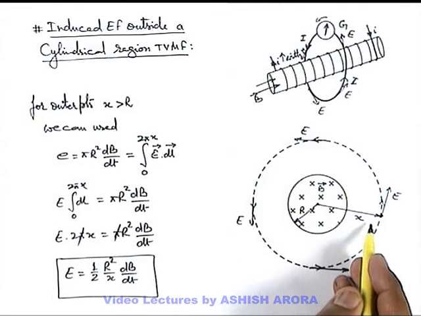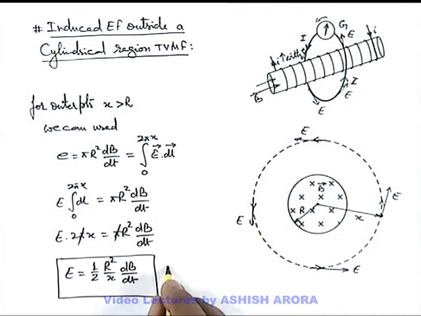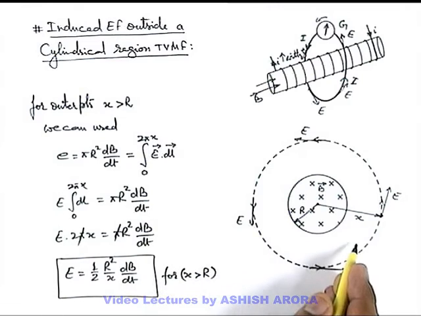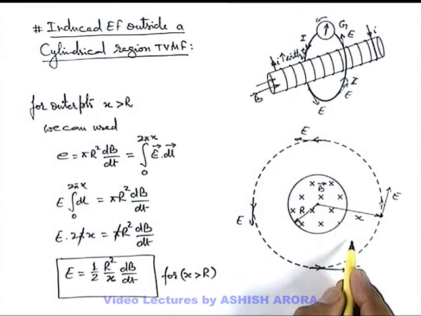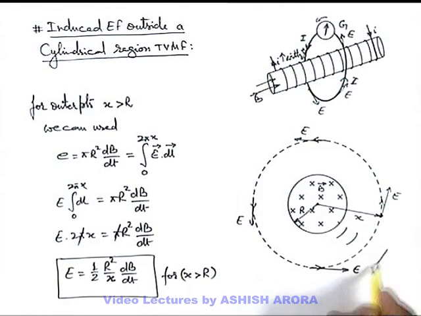But for outside points, x greater than r, the electric field is decreasing with x. So as we move away, the density of electric lines will start decreasing, or the line separation will increase as we move away from the center outside the cylindrical region. So be careful about the magnitude as well as the orientation of electric lines in the outside region.